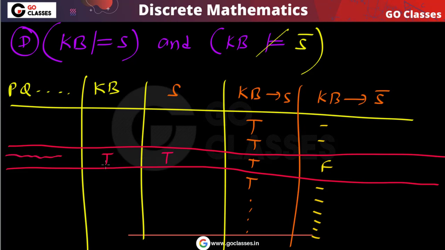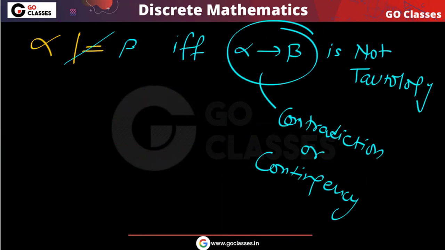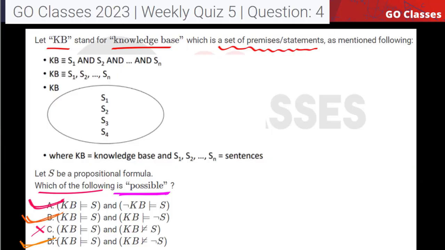Then this is true for this row and this is false for this row. For the remaining rows you can simply make the knowledge base false. So it is definitely possible that this is a tautology but this is not a tautology. So option D is possible.